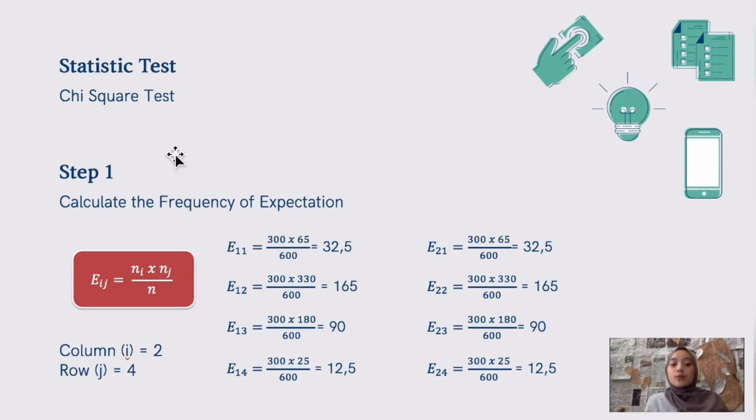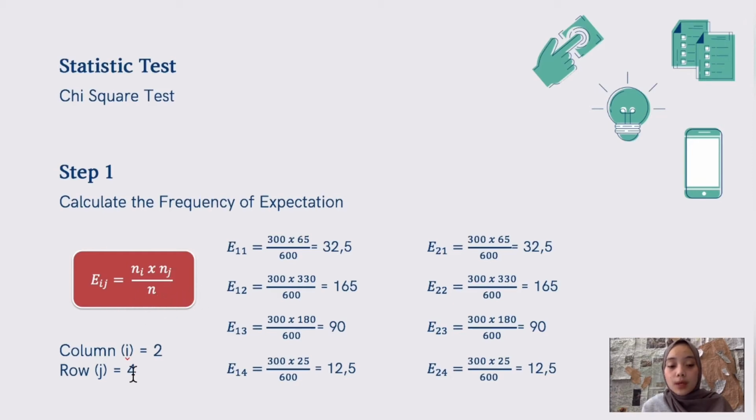Okay, step 1 is to calculate the expected frequency. The formula of the expected frequency is n_i times n_j, divided by n.